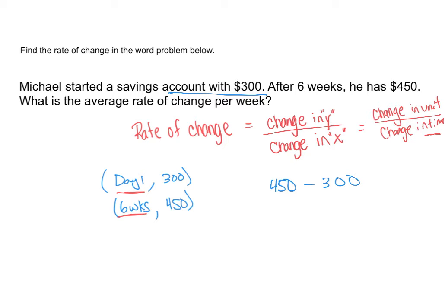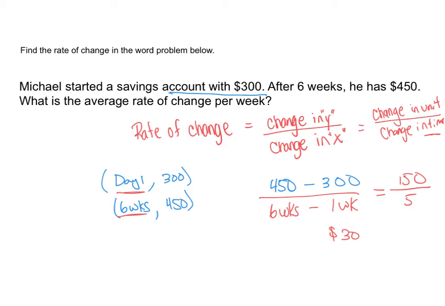So because my end is 6 weeks, I'm going to put 6 weeks minus my first week. And then I'm going to see what the change is. So I have 450 minus 300 gives me 150. 6 weeks minus my first week is 5. And then when I divide 150 by 5, I end up with 30 as my change.